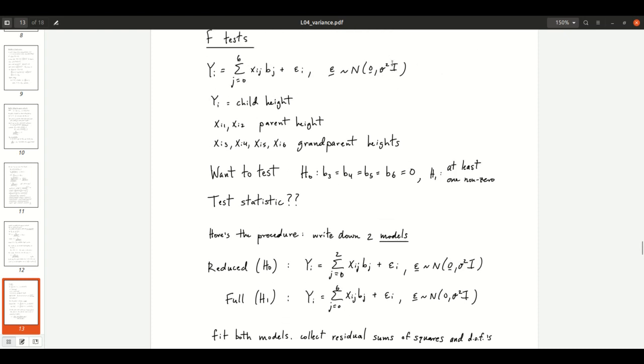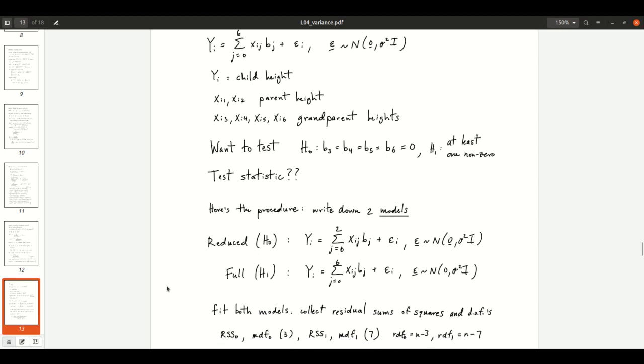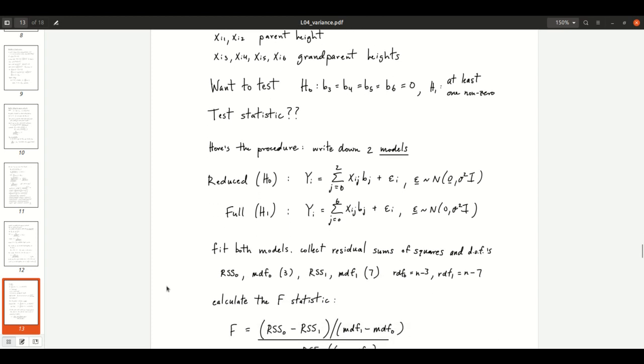So if we apply that hypothesis to this model, we get yi is just the sum from j equals 0 to 2 of xij bj plus epsilon i. The full model is just the model which allows the grandparent coefficients to be non-zero. And so this is just the first model that we wrote down. So we call these the reduced model and the full model.